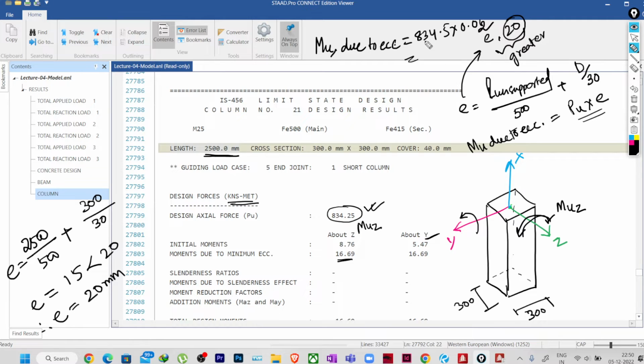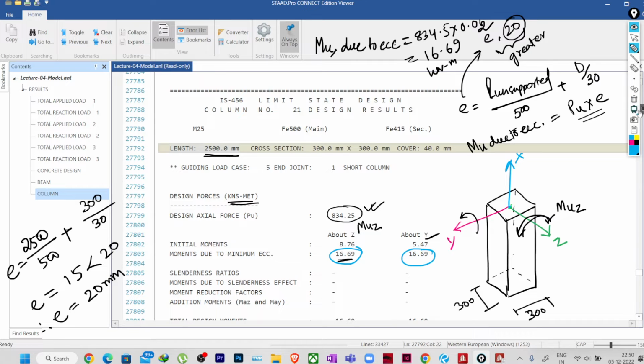So we are getting a value of 16.69 kilonewton meter. This is what you can see here. 16.69 is defined in both directions.